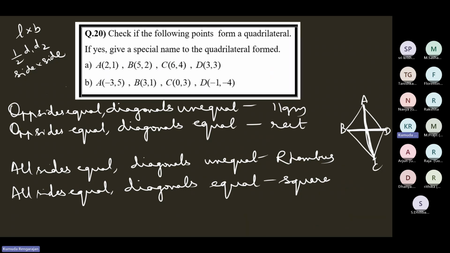Only when you have to show that it's a rectangle or a square. Only then do you also find the diagonals, because only when diagonals are equal are they rectangles or squares. Otherwise, to show that it's a parallelogram or a rhombus, it's enough if you find the sides.